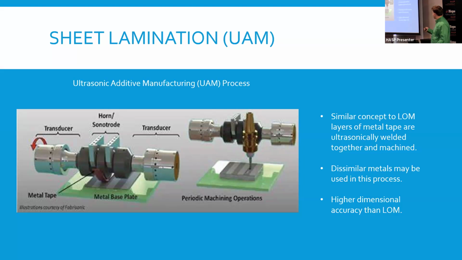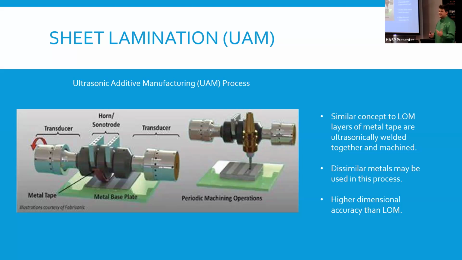So it's a similar concept to LOM. The layers of metal tape are ultrasonically welded together and machined. So basically, instead of that paper with glue on it, now you're taking strips of metal and ultrasonically welding them together. Because of this, dissimilar metals may be used in this process.